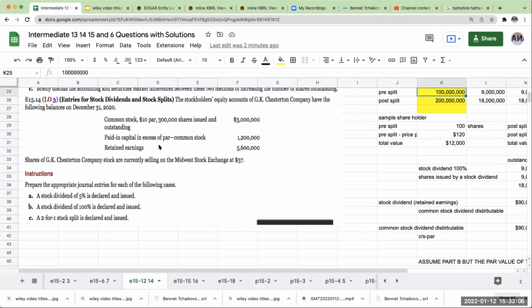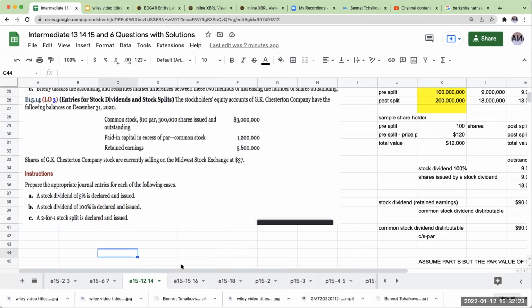Okay, so right over here, we've got entries for stock dividends and stock splits. So we've got the stockholders' equity accounts of GK Chesteron Company, which had the following balances on December 31st.